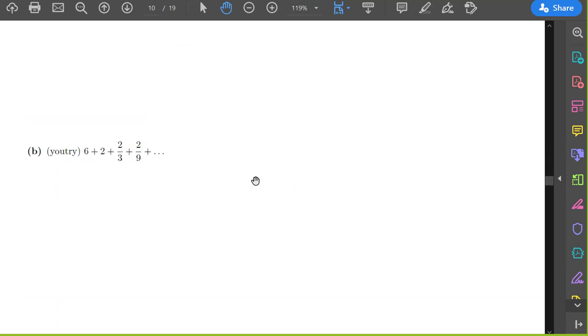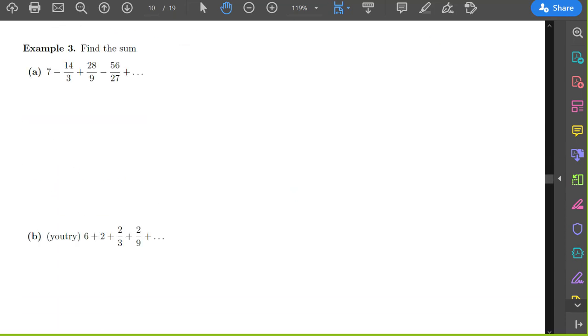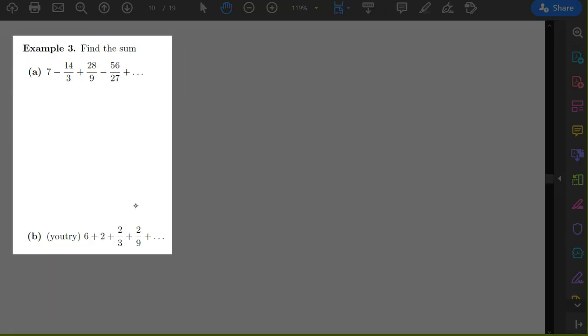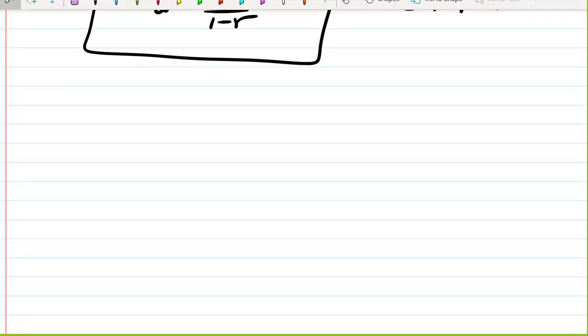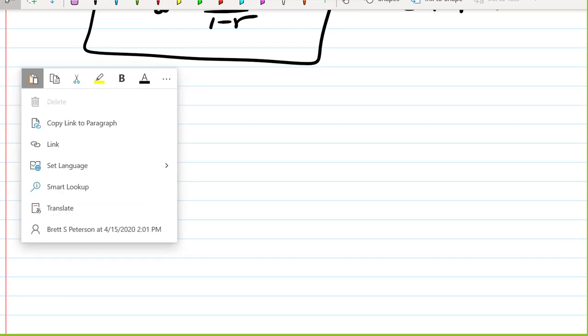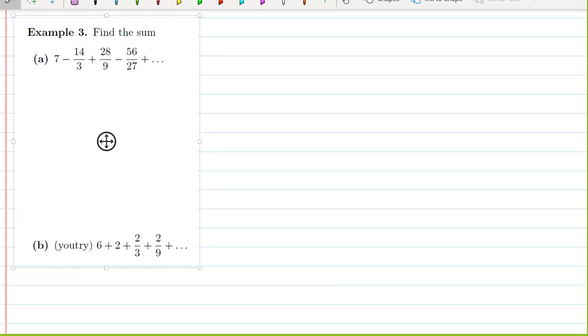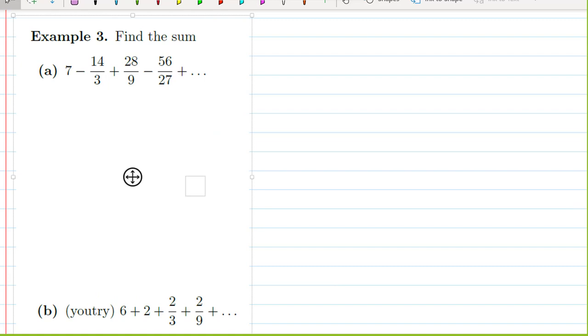All right, so let's go ahead and take a look at our couple of examples. So we wish to determine the sum of this series.